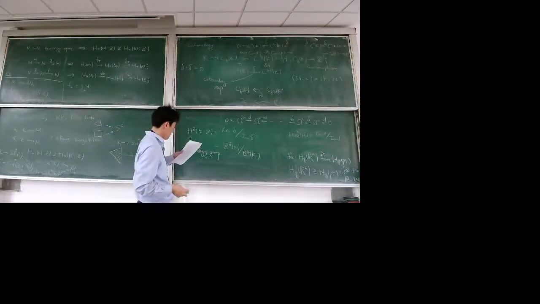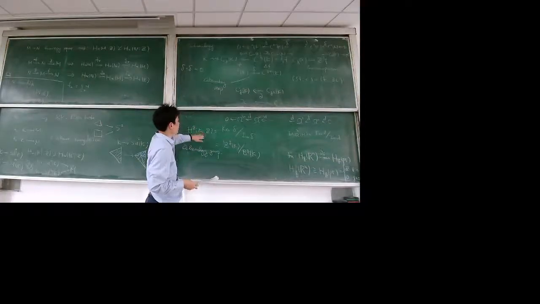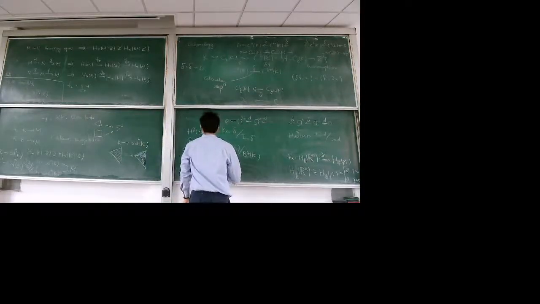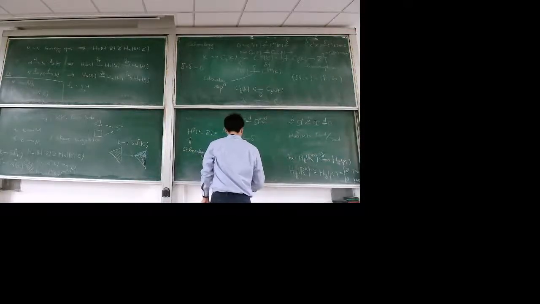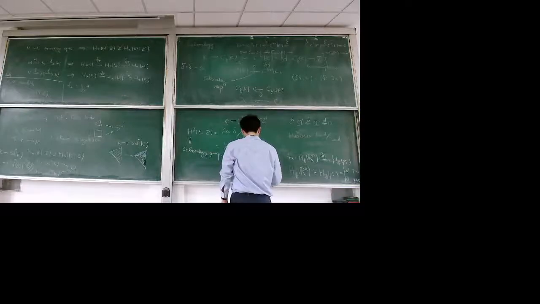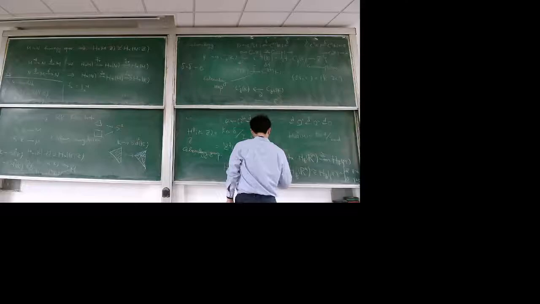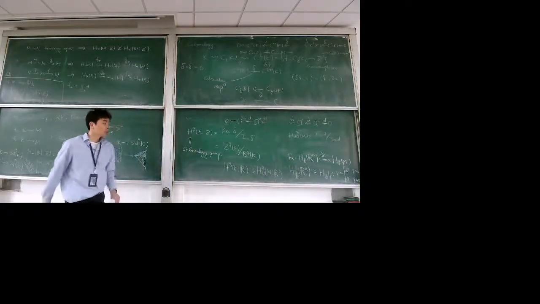Here I consider Z coefficients. One can also consider R coefficients. If you use R coefficients, one can indeed show that this is isomorphic to the de Rham cohomology of M, if you have the triangulation.